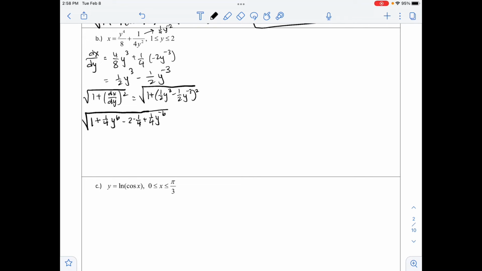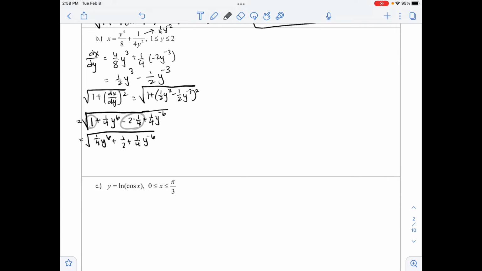So again, cleaning it up from here, the square root of 1/4 y to the 6. Simplifying the 1, and this is negative 1/2, we have plus 1/2 plus 1/4 y to the negative 6.